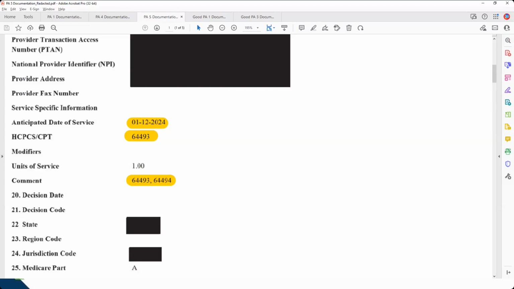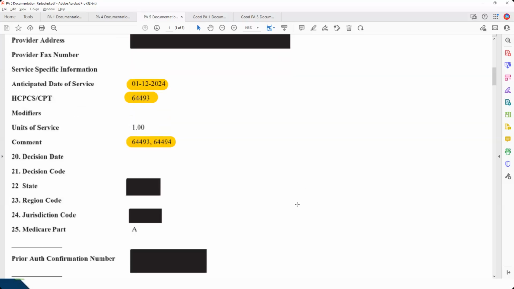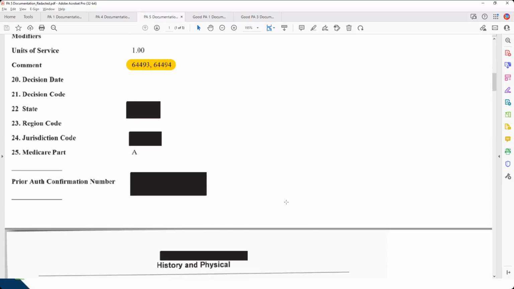There's no modifiers listed. So we know we have diagnostic, therapeutic, injection of lumbar sacral second level for the 64494. So what do we know from this documentation?